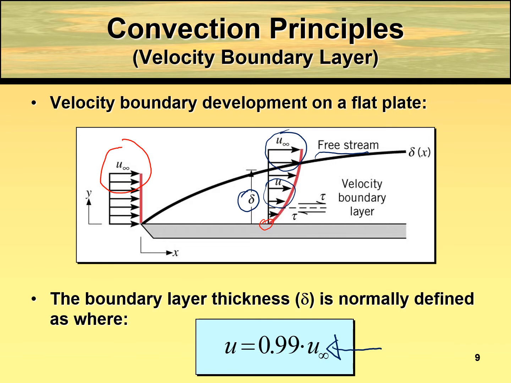This velocity boundary layer will be developed from the starting point of the flat plate, growing in the direction of the free stream velocity. It also depends on the type of flow.